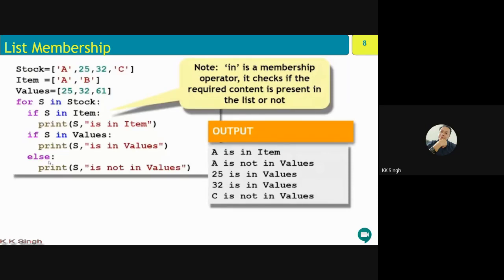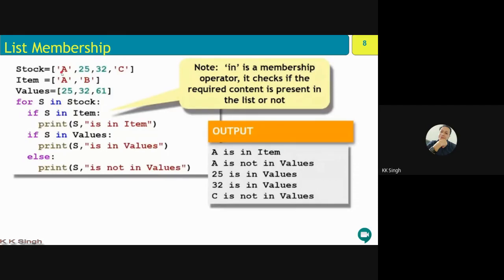For S in stock means we are traversing the stock list, since S is the variable which is traversing stock. The first value of stock is A. So we are checking whether the first value of stock is available in the list item.